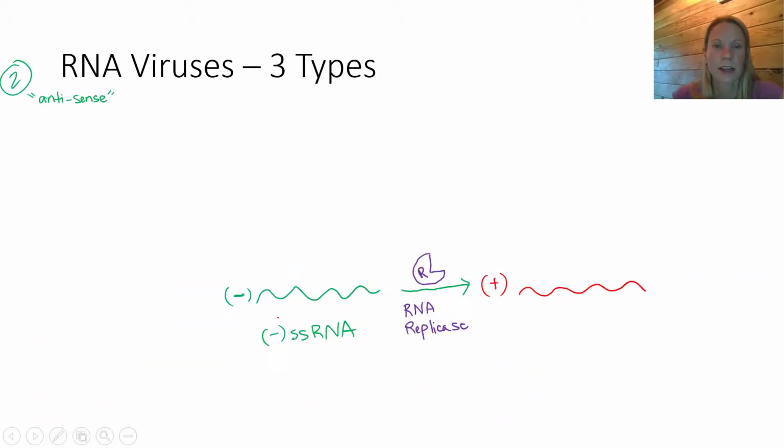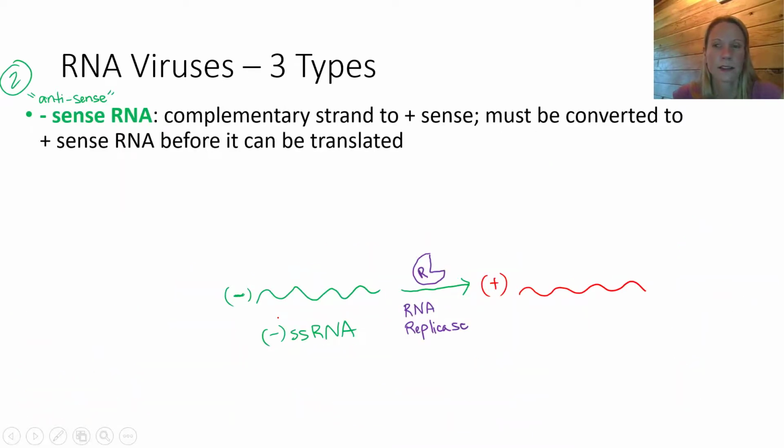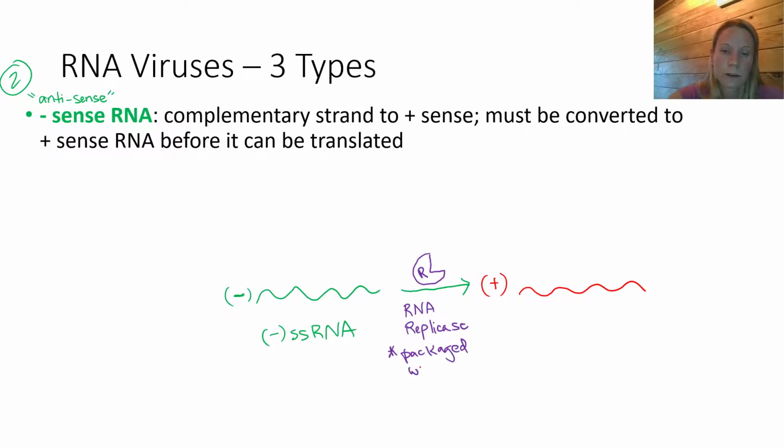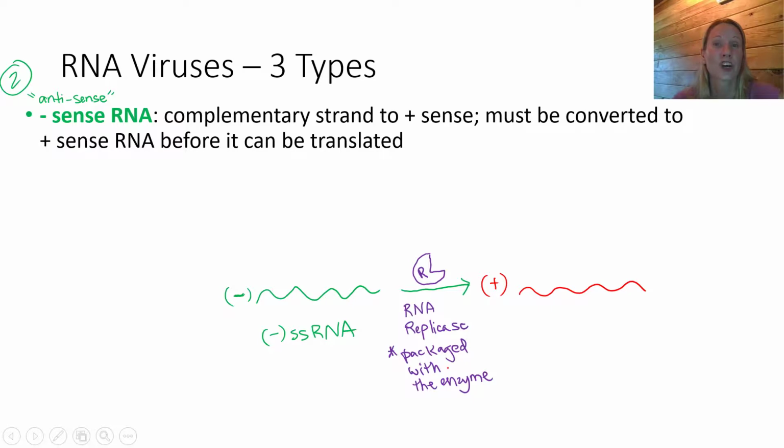So the difference is that the antisense RNA viruses, these types of viruses, have to come packaged with RNA replicase. Otherwise, they would have no way of replicating because, again, if it's antisense, the cell has no way of dealing with that particular type of viral genome.